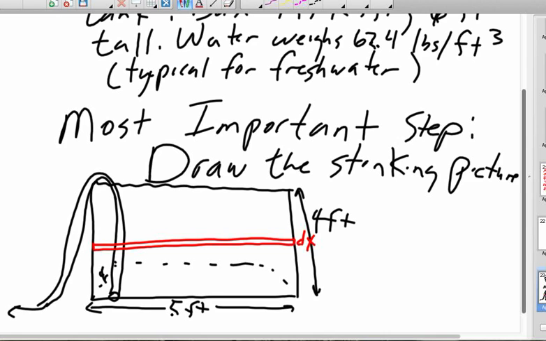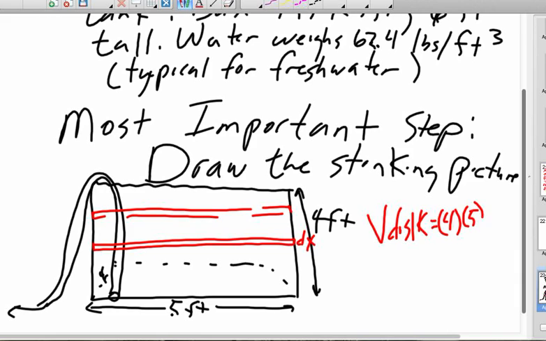The nice thing is this problem is going to be a lot easier than the next one, because no matter where I draw my disc, the volume is going to be the same, because they're all rectangles. So the volume of my disc is the area of my base, 4 times 5, times my height, dx.